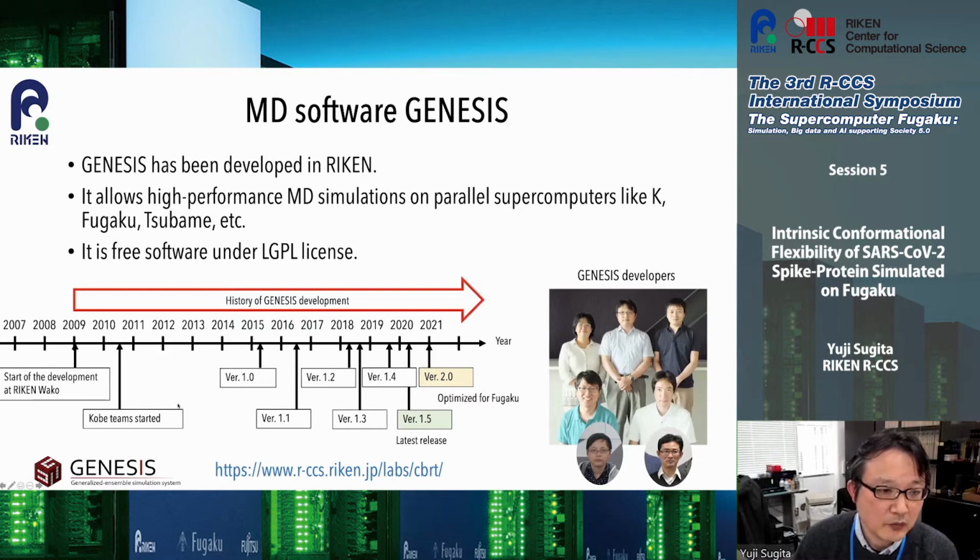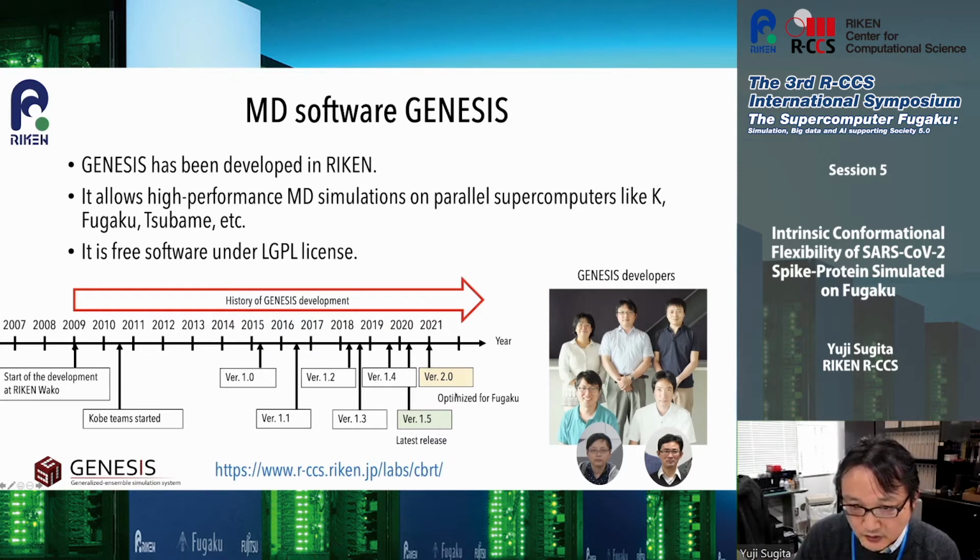We have already spent more than 10 years since the initial start of the development, but the development is still underway. The latest version, version 2.0, is optimized for Fugaku through the effort of co-design by Johnson, this person, and Kobayashi-san, in collaboration with Fujitsu and other RIKEN developers of the Fugaku supercomputer.